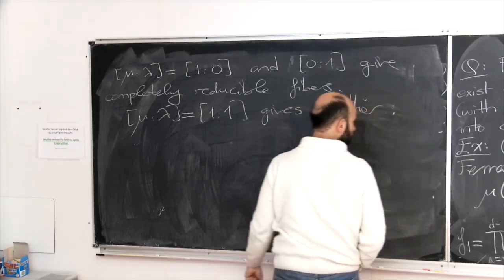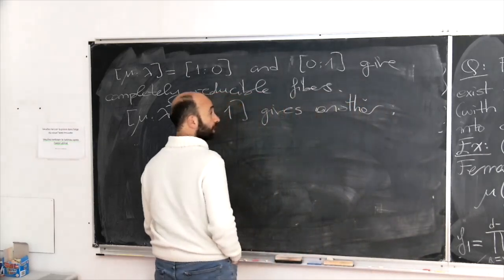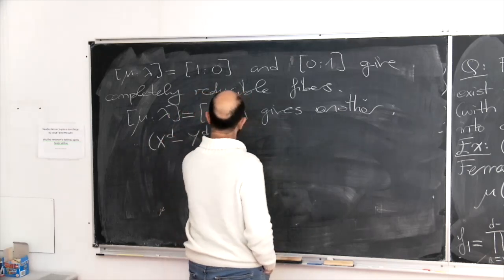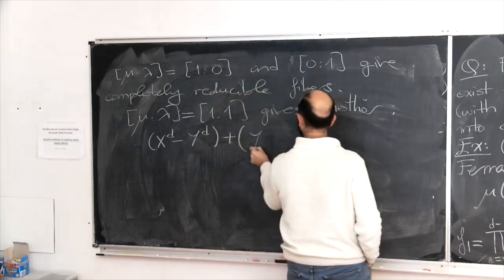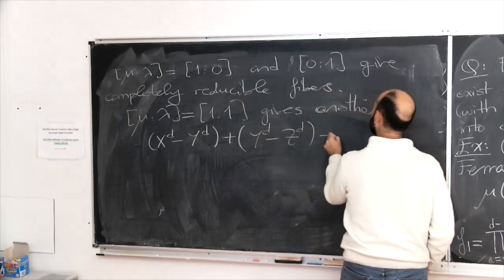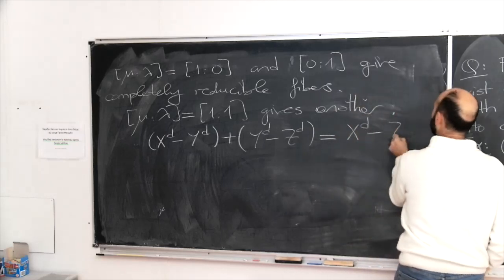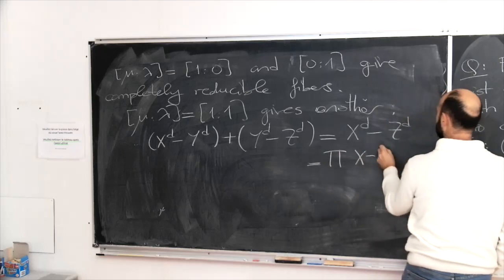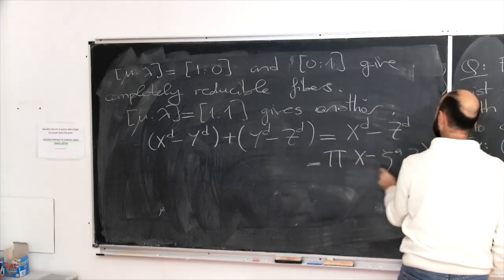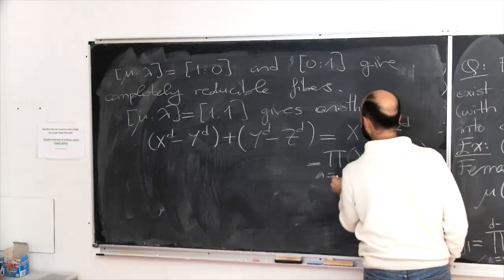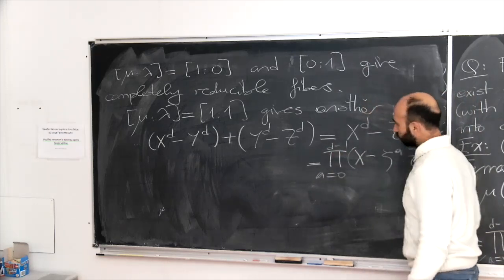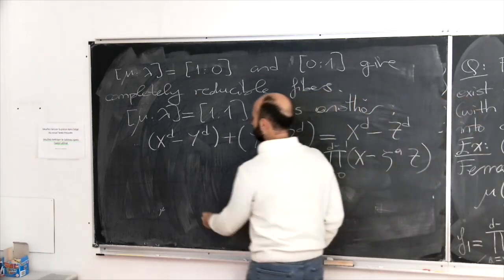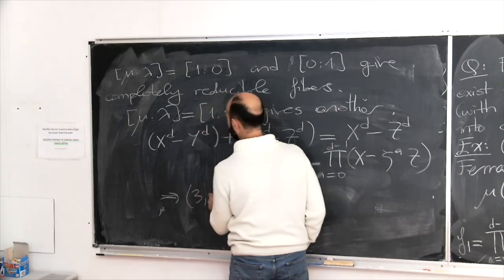For an obvious reason of symmetry: if you put mu equals lambda equals 1, you get x to the d minus y to the d plus y to the d minus z to the d equals x to the d minus z to the d, but of course this also decomposes in the same fashion. So this shows that this is a 3-d net, and so we have a 3-d net for every d.